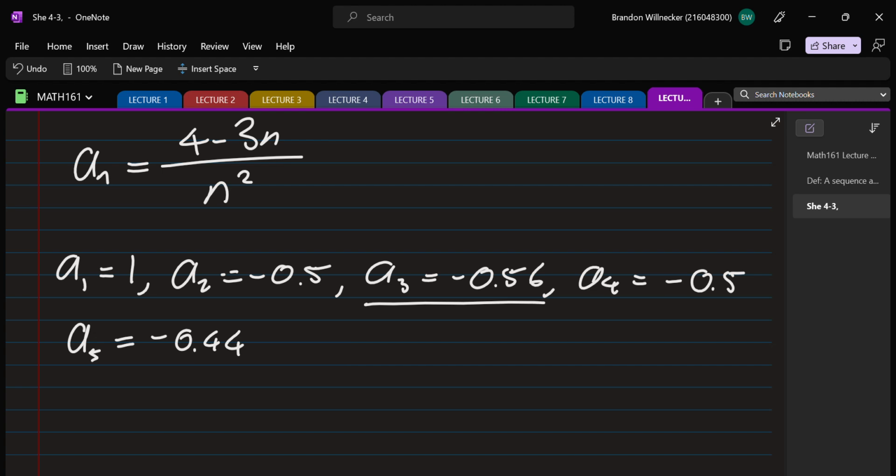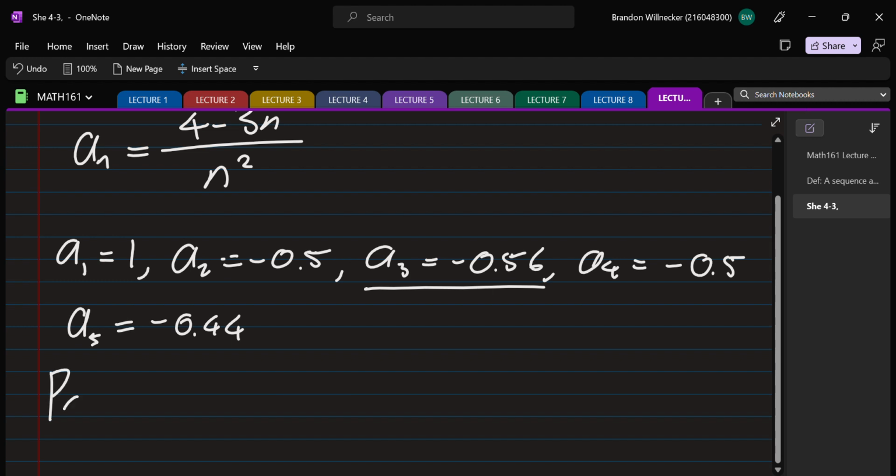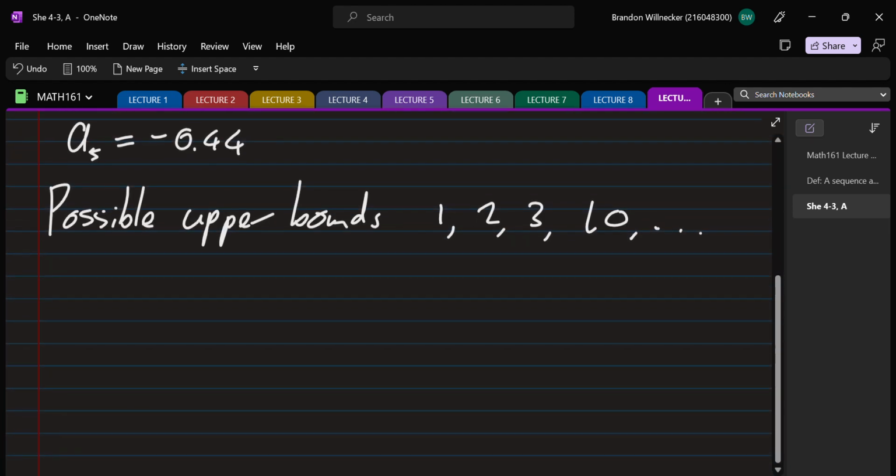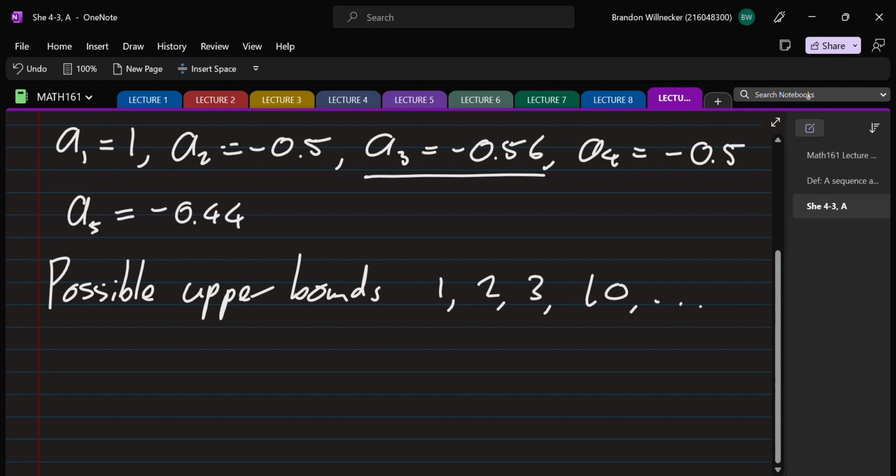So, possible upper bounds. We see 1, that's the biggest on this list, so that's a possible upper bound. 2, 3, you can put 10, anything like that. Those are possible upper bounds. Possible lower bounds.